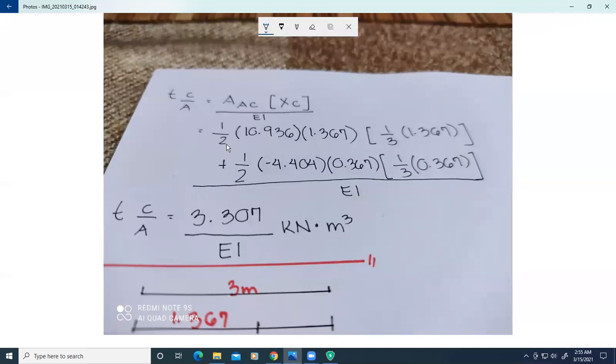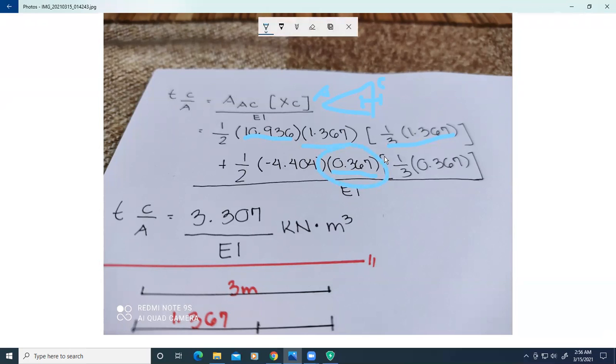So we just need to add the areas. 1 half, this is the magnitude of the triangle a while ago, 10.936 times x, this is 1.367, times the centroid, here is the centroid and this is point C, point A. So it is one third of x, one third of 1.367, plus 1 half times the negative magnitude 0.404 times, this is x minus 1, the distance.